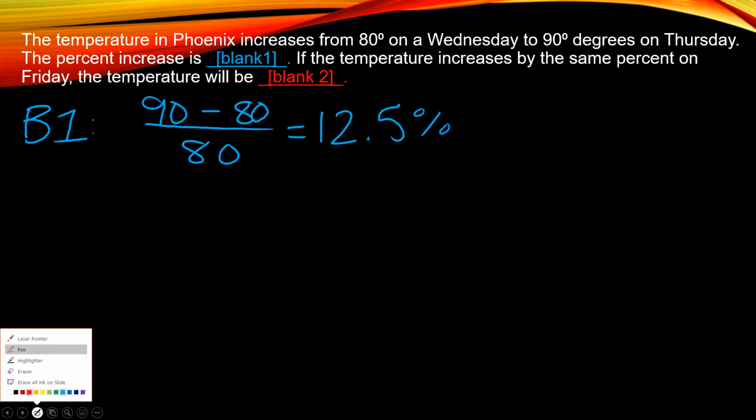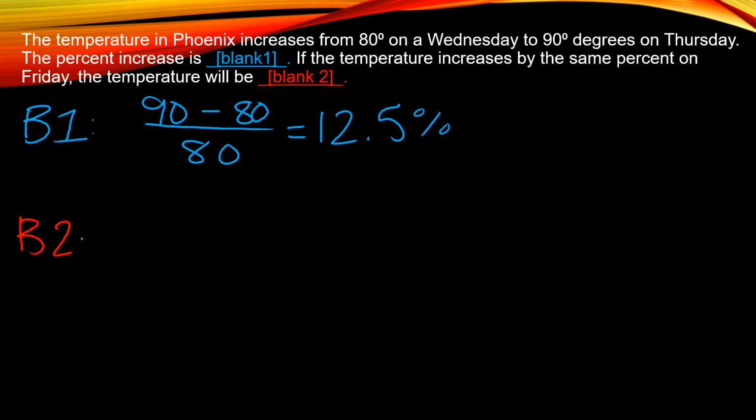And for blank 2, on Thursday it was 90 degrees. So if I take 90 and multiply it by my percentage as a decimal, 0.125, that's going to give me how many degrees my temperature is increasing by.